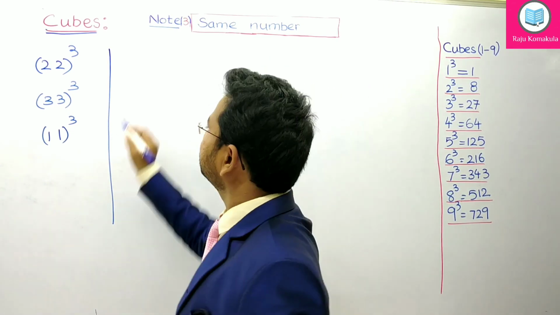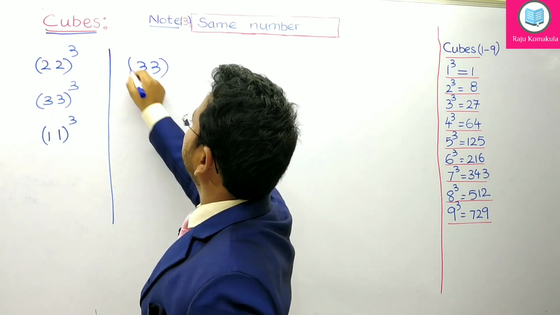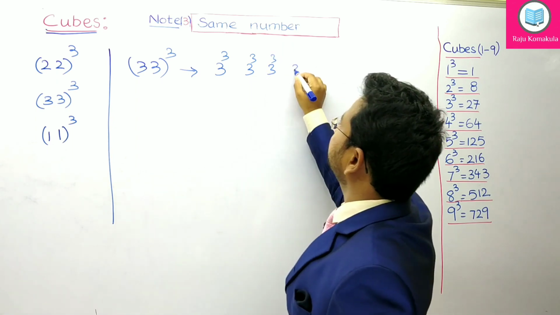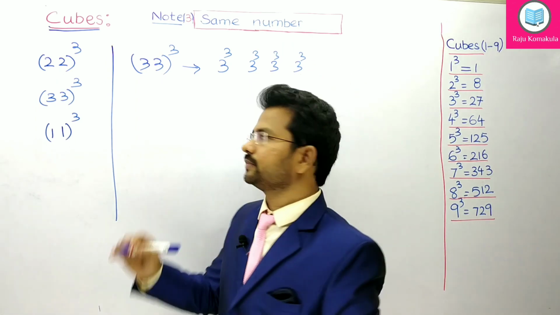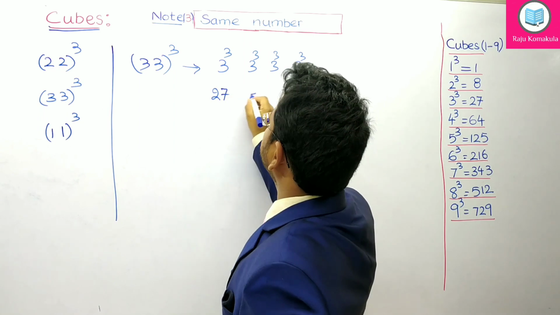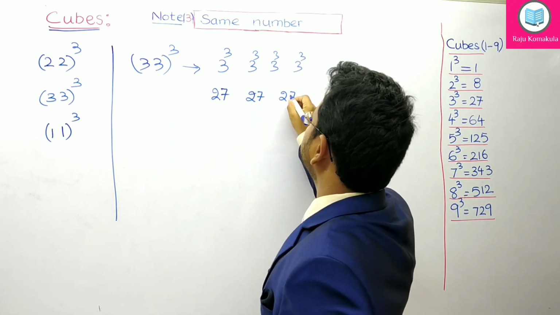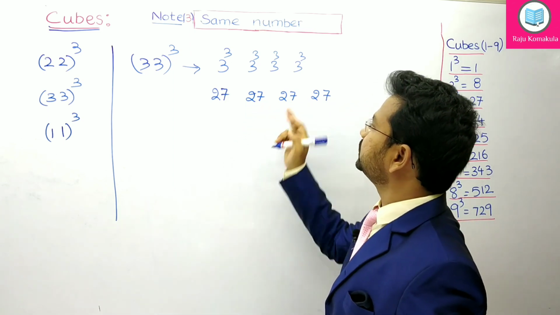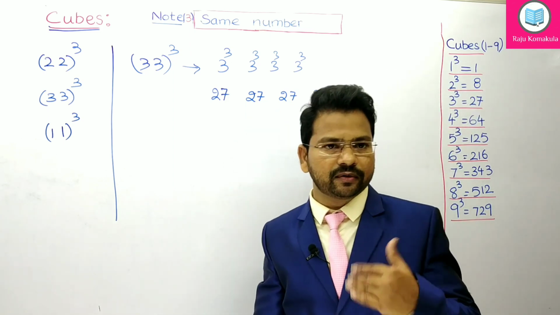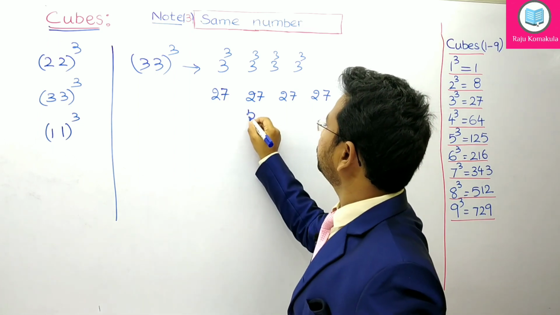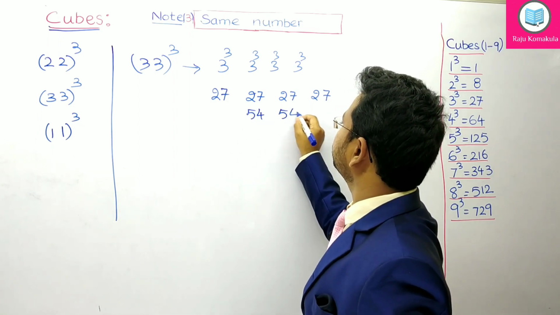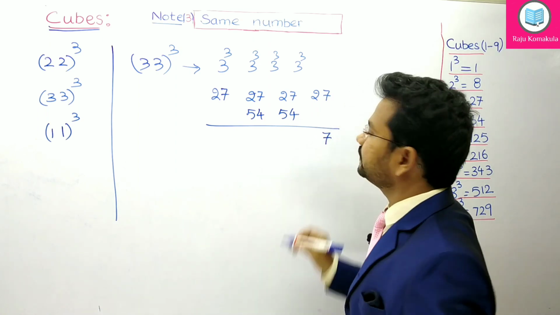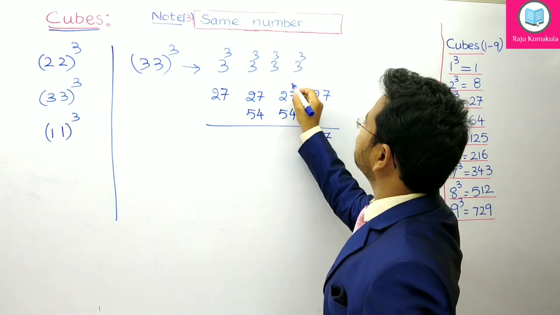Now I am writing 33 cube. 3 cube, 3 cube, 3 cube, 3 cube. I am writing 27, 27, 27, 27. Now double these two digits: 27, double of 27 is 54, 54. Simply adding. Write 7, don't write the 2, take it as a carry.